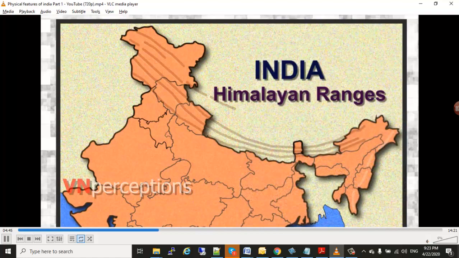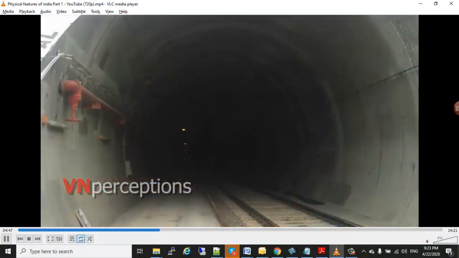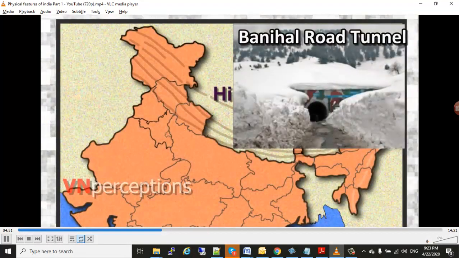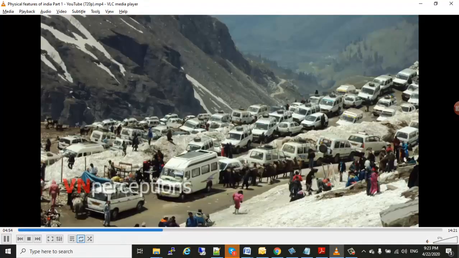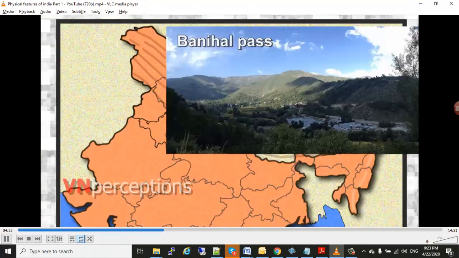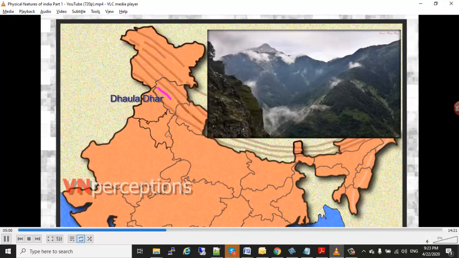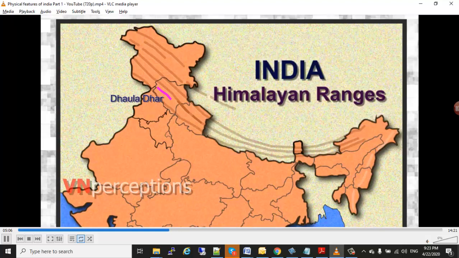It also has India's longest rail tunnel, the Pir Panjal Railway Tunnel, and the Banihal Road Tunnel, the famous Rohtang Pass and Banihal Pass. The Dhauladhar range is one of the branches of the main outer Himalayan chain of mountains in Himachal Pradesh.